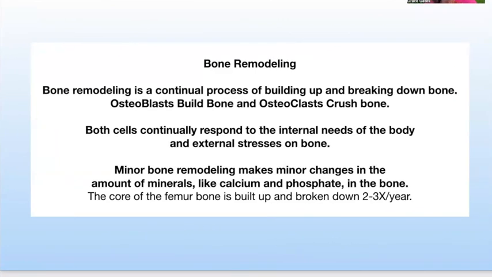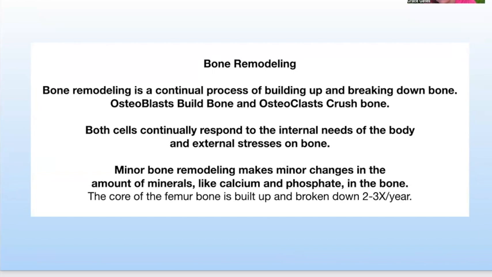So putting it together, bone remodeling is a continual process of building up and breaking down bone. Osteoblasts build the bone, and osteoclasts crush the bone. Osteoblasts put calcium and phosphate into bone, and osteoclasts take calcium and phosphate and release it from bone.